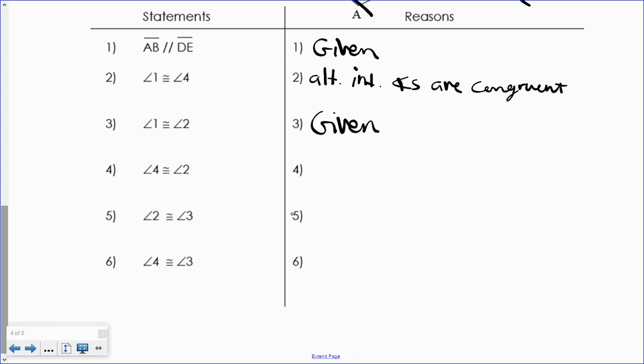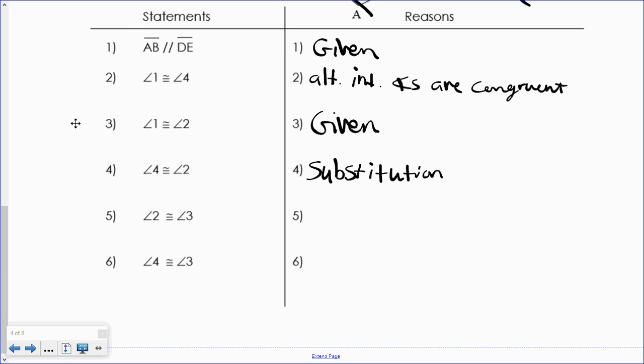Substitution. When there's no relationship in the picture, guys, it's usually a signal you need to go back within your proof to see what's happening. 1 is congruent to 4. Do you guys see 1 again? Yep, 1's right here. So 1 is congruent to 4 and congruent to 2. So I'm going to substitute the 4 in. Now I get the new statement.